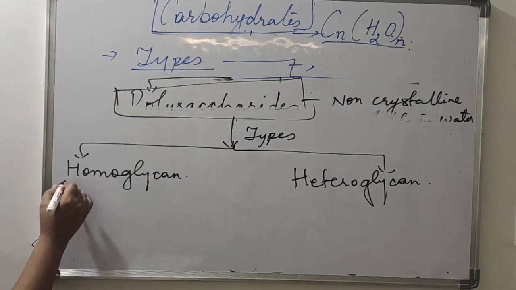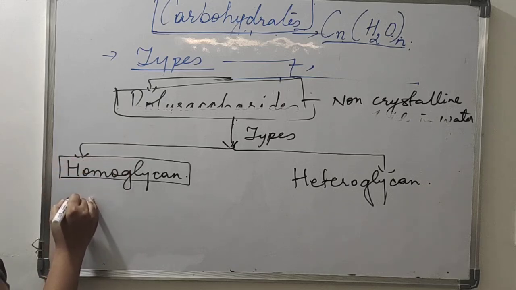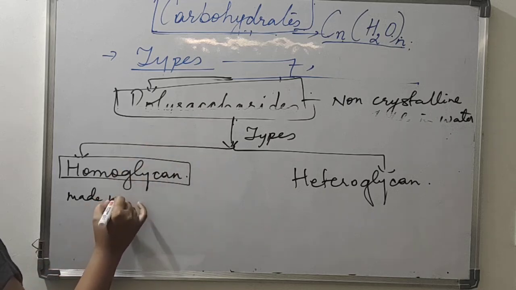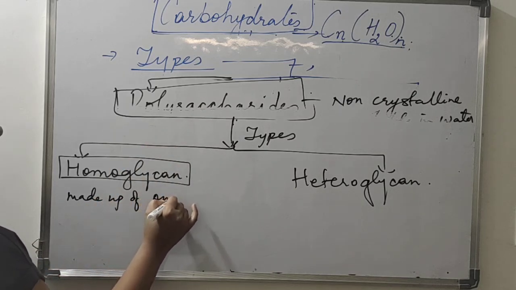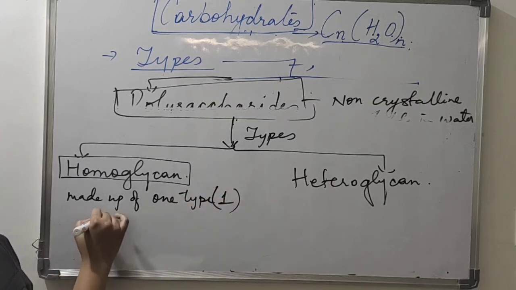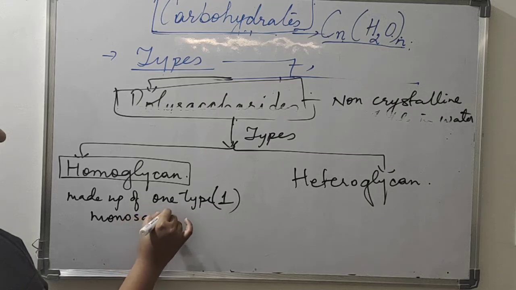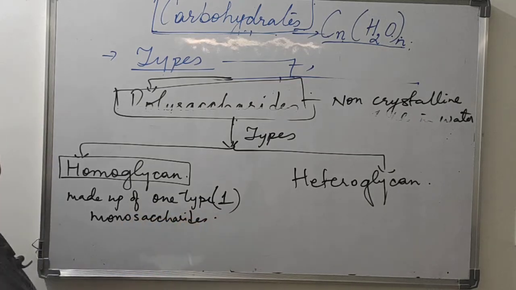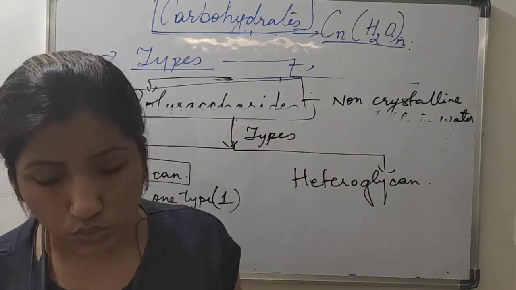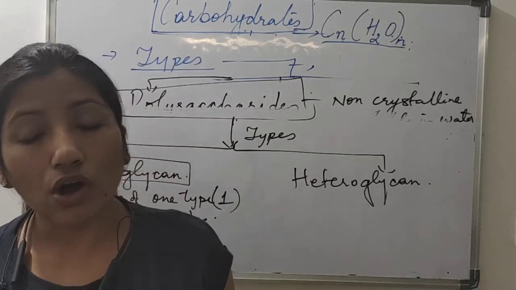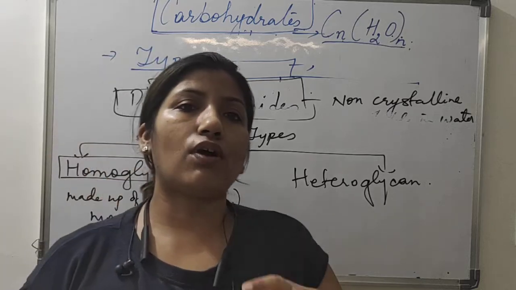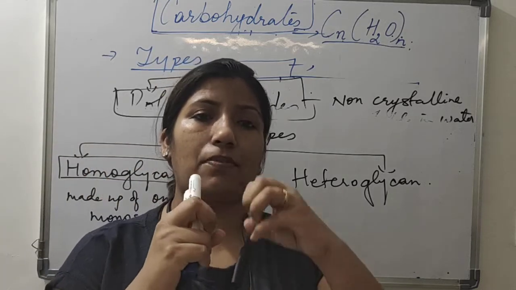Homoglycans are those polysaccharides which are made up of only one type of monosaccharide, such as glucose.